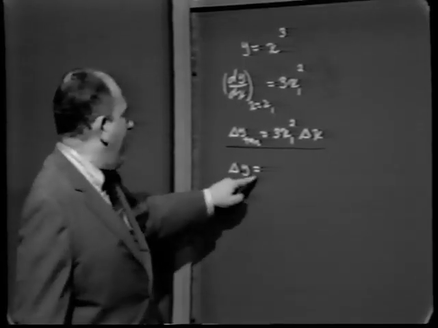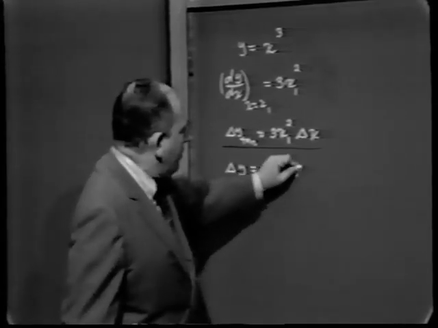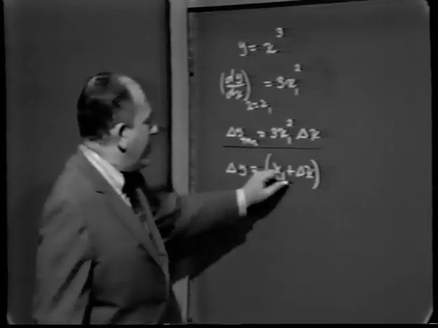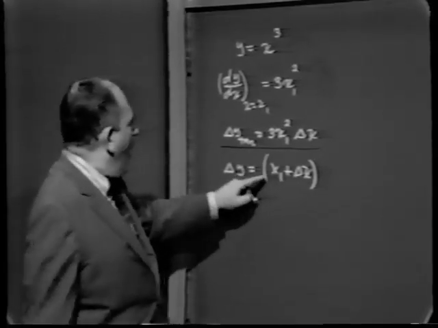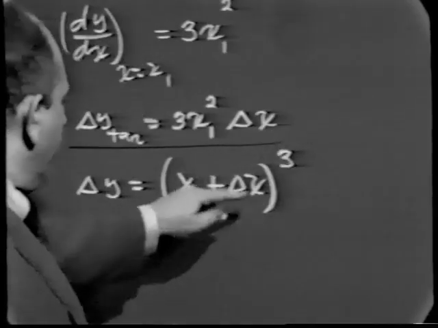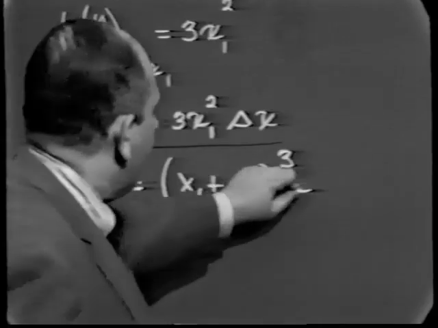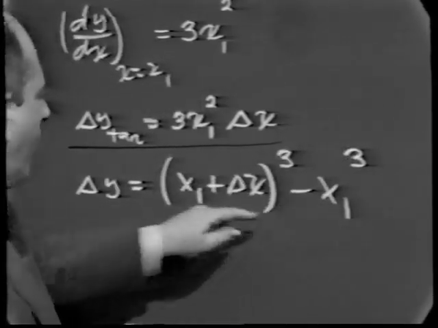Namely, what is the exact value of delta y? Well, we want to compute this between x equals x1 and x1 plus delta x. Well, what is the value of y when x is x1 plus delta x? It's x1 plus delta x cubed. Then we subtract off x1 cubed. And if we expand this, watch what happens.